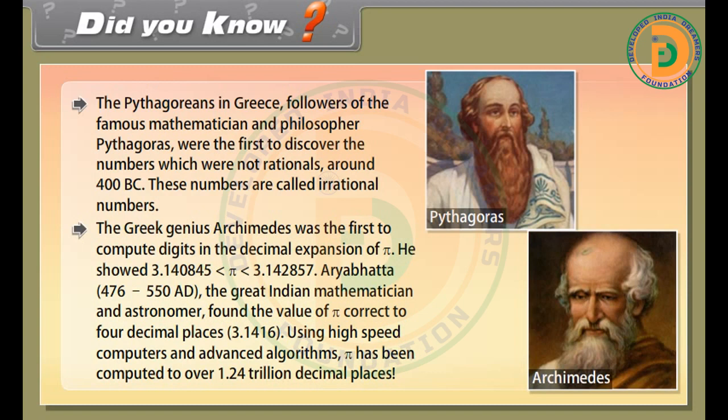He showed 3.140845 is smaller than pi is smaller than 3.142857. Aryabhata, 476 to 550 AD, the great Indian mathematician and astronomer, found the value of pi correct to 4 decimal places, 3.1416. Using high-speed computers and advanced algorithms, pi has been computed to over 1.24 trillion decimal places.